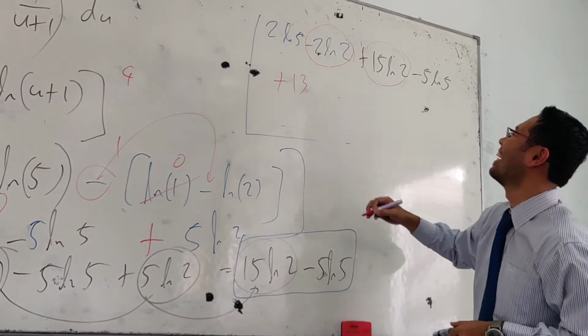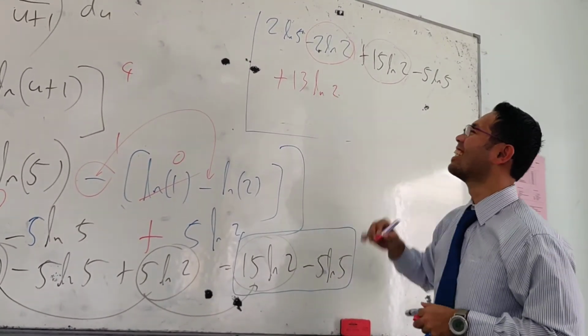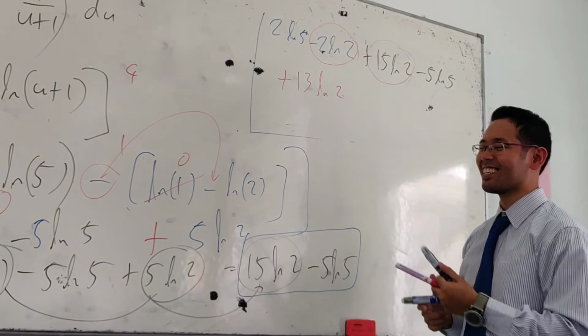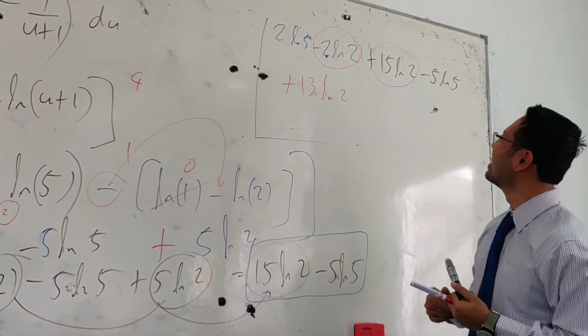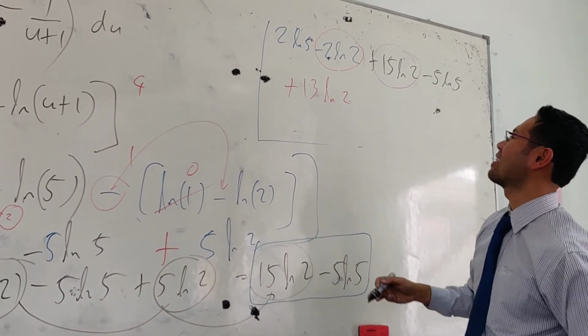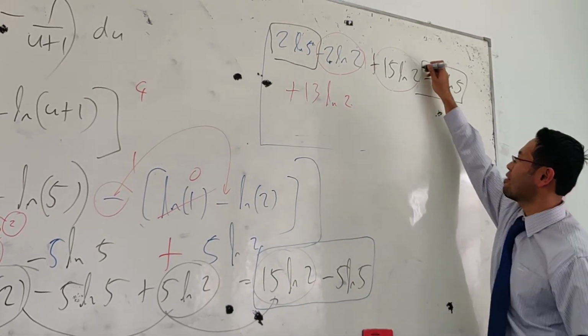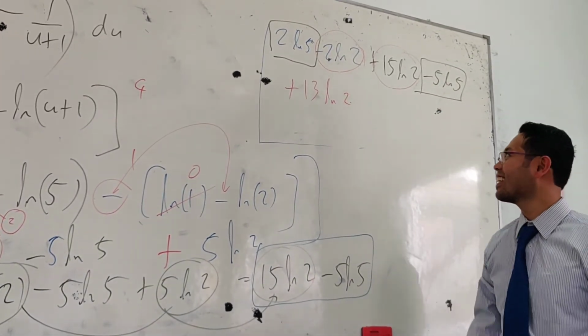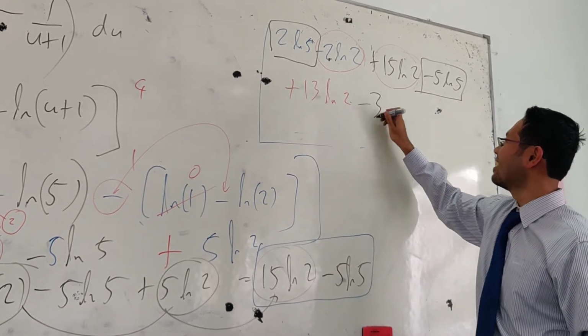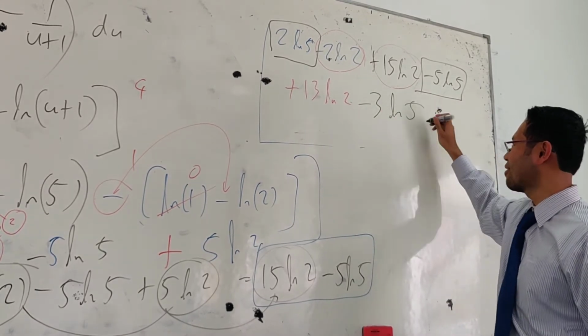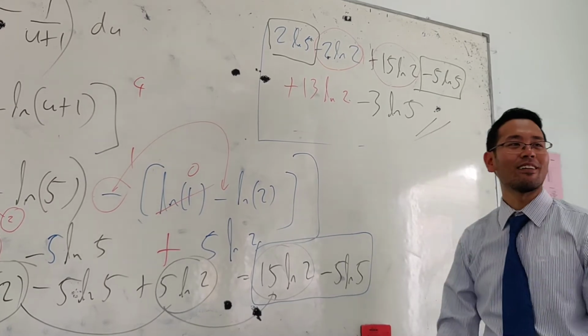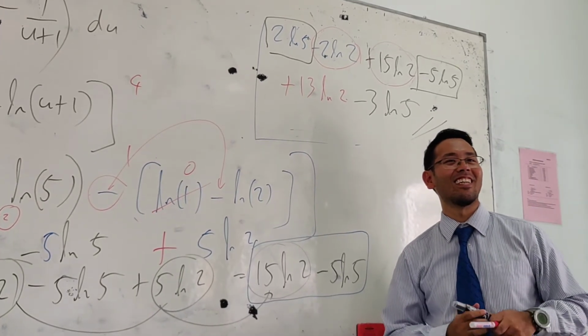Genius. Tiring lah. I kind of lose my stamina at the end. 2 ln 5 minus 5 ln 5, minus 3 ln 5. That's the final answer. Yeah, give a big clap.